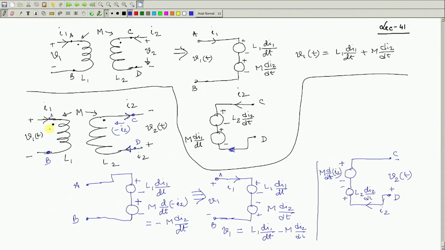Through the dot I1 is entering, so I am sorry, M through the dot I1 is entering. So, it will remain M dI1 dt. Here ends the matter, and the KVL equation, if you apply, V2 will be equal to L2 dI2 dt minus M dI1 dt.